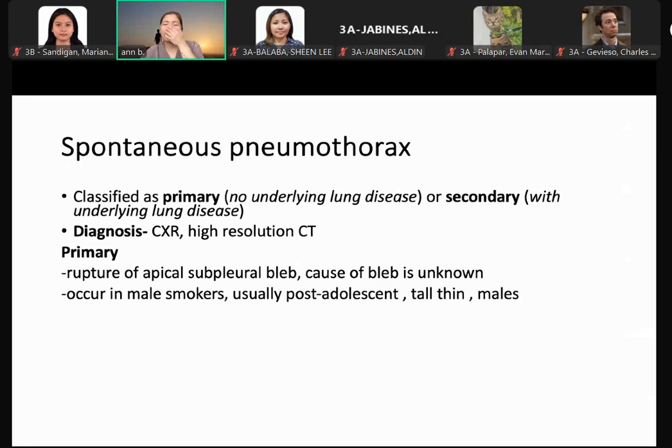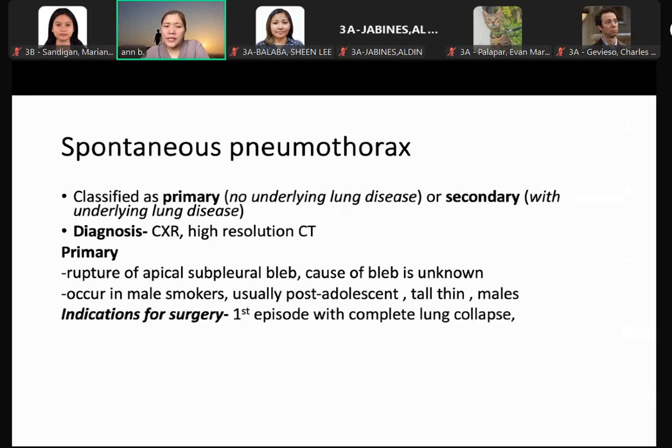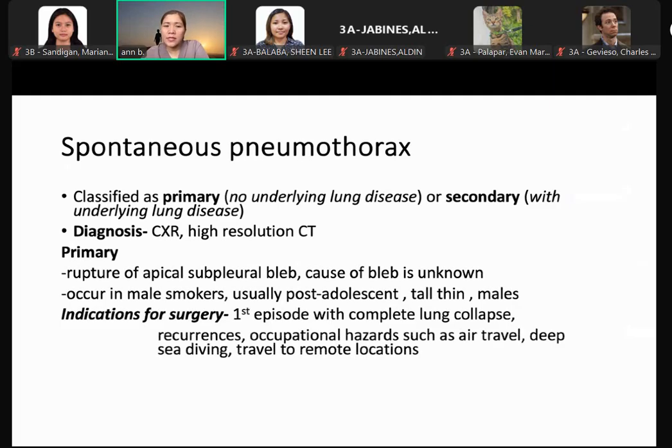So we have a mnemonic for this one: tall, thin, young adults, usually this primary pneumothorax occurs. Indications for surgery is first episode, even with first episode but with complete lung collapse, recurrences, or if it recurs, then occupational hazards such as air travel, deep sea diving, travel to remote locations.